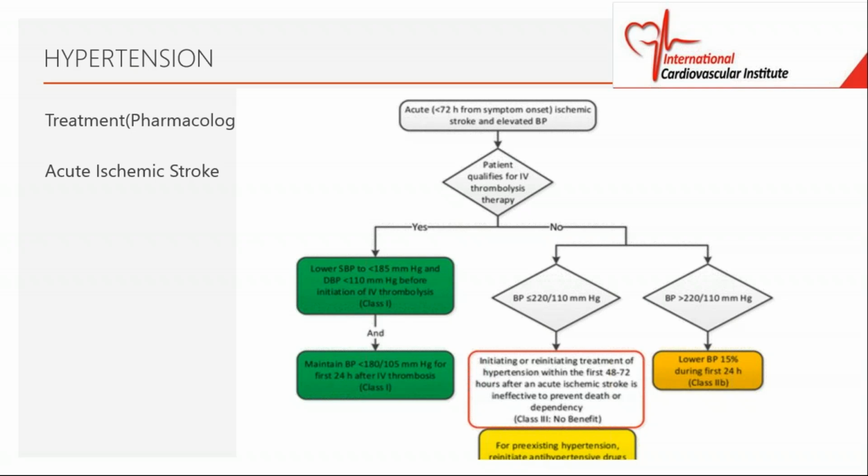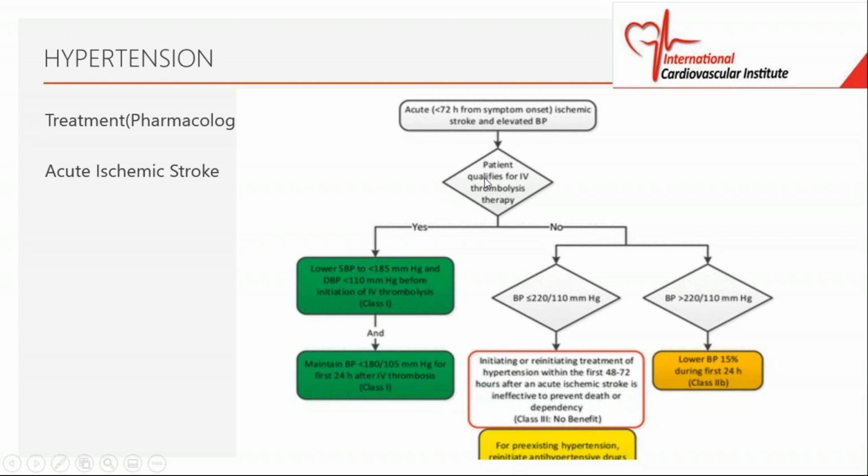They have to get a CAT scan as soon as possible, because you have to make sure there's no bleeding in the brain. Once there's no bleeding in the brain and the blood pressure is below 185/110, then you can give them the clot busting medicine. So acute stroke less than 72 hours.